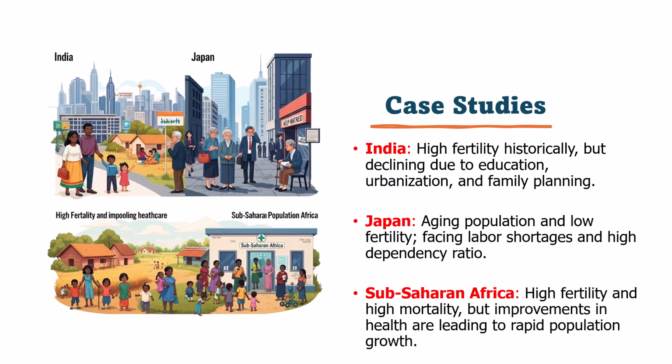In comparison to these two case studies, in Sub-Saharan Africa, fertility remains high alongside relatively high mortality, but advances in healthcare and disease control are reducing deaths. This combination is fueling rapid population growth, creating both opportunities and challenges for economic development and social stability.